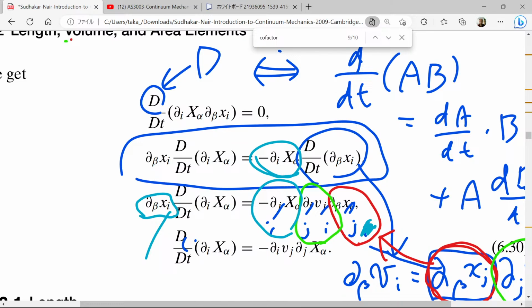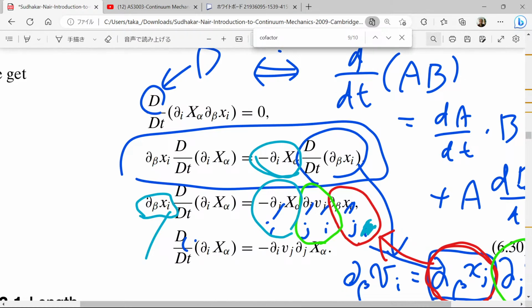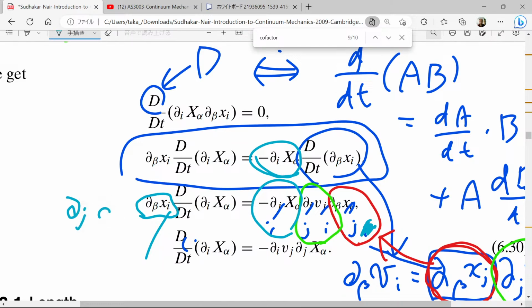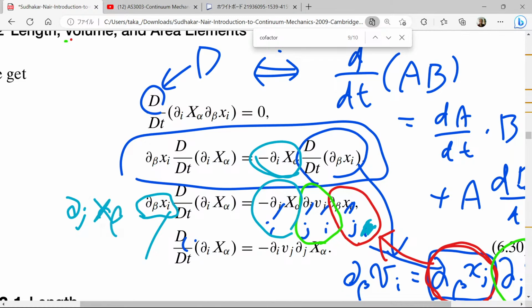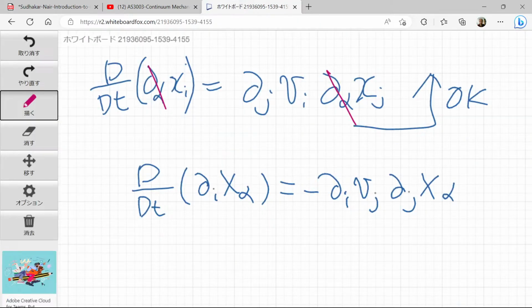Maybe one possible way is something like this. Why don't we multiply like this? Partial j x beta. Does this work? Let me see.